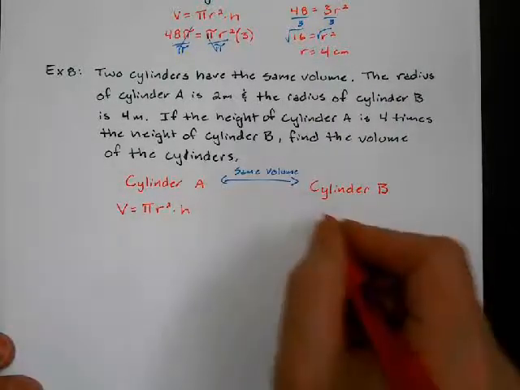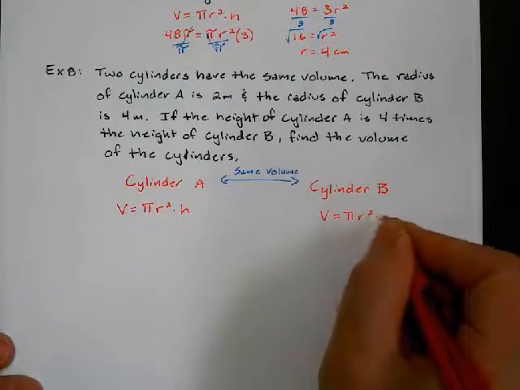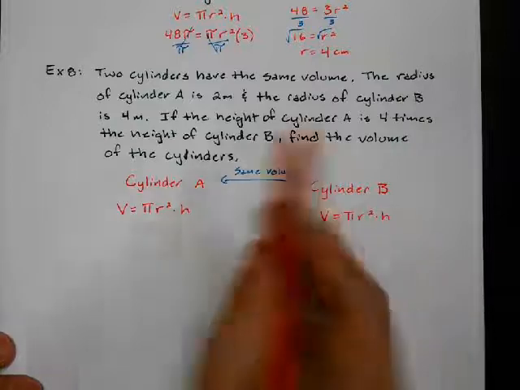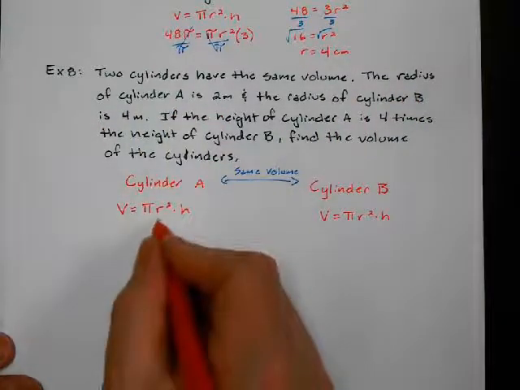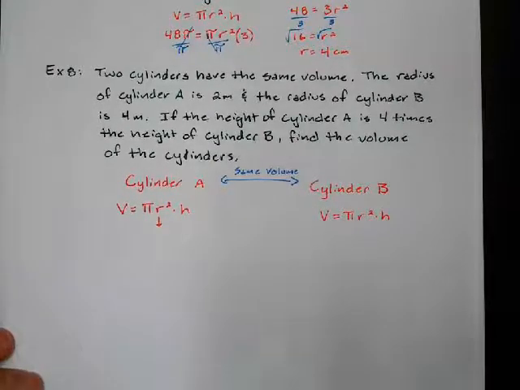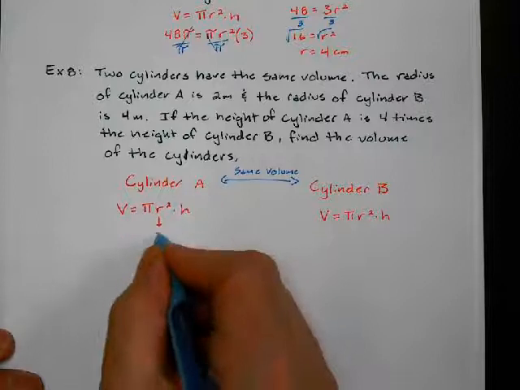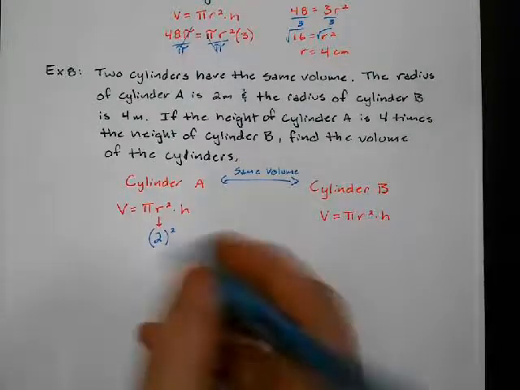Let's see. Okay, so the radius of cylinder A is 2. Okay, so now I know the r value for this one. R value for cylinder A is 2. Okay, that's helpful. The radius of cylinder B is 4.